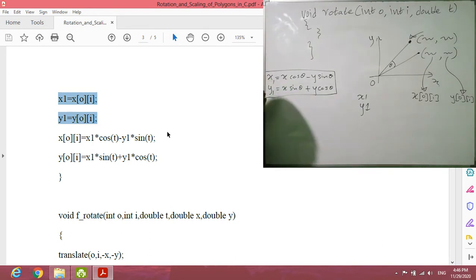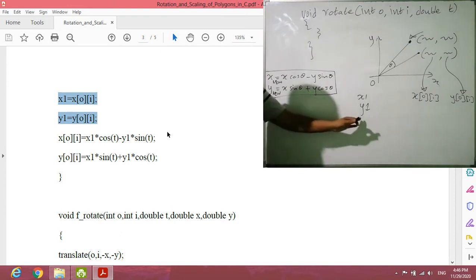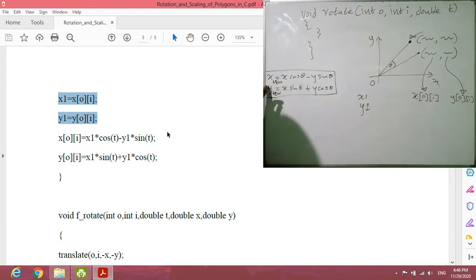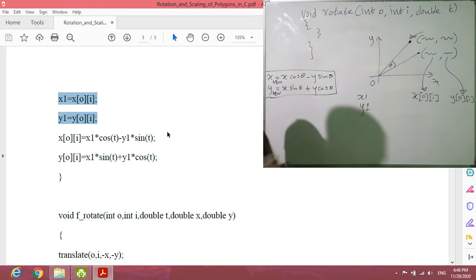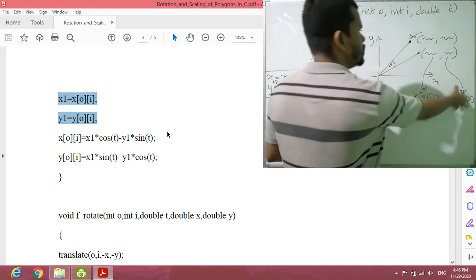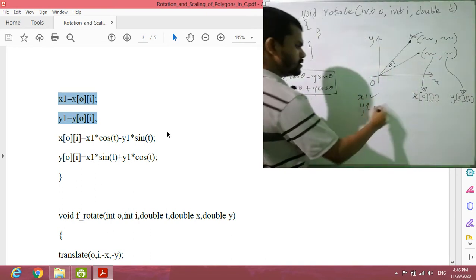Okay, so let's say here let's put x new and y new. Otherwise you will mess up this y1 and x1 with this one. Okay, so now these two values, we assign the original values to these two.